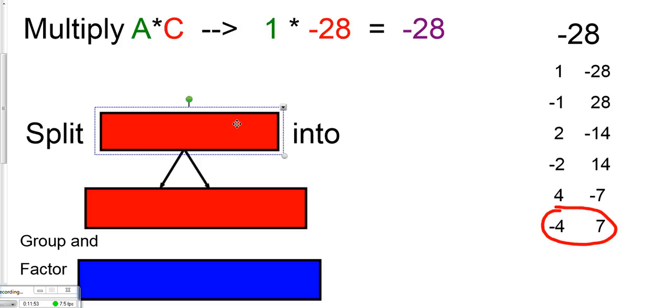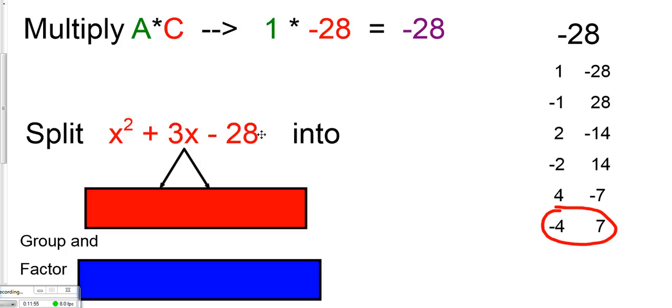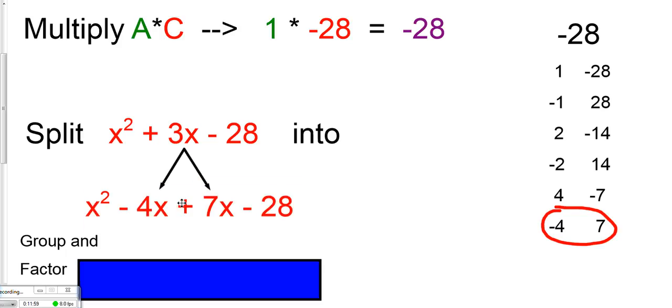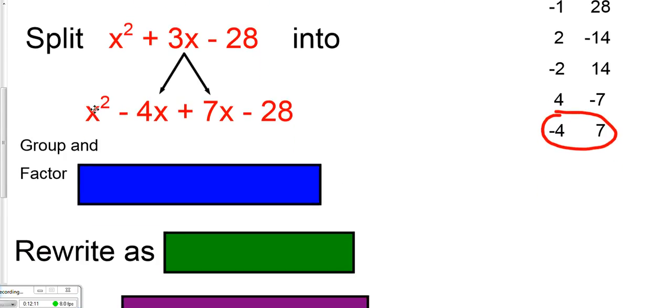So my next step is to take my original expression, the quadratic. I'm going to split this 3x into two pieces, negative 4x and 7x. I got the negative 4 and the 7 from this pair. Now that I have split it into 4 separate pieces, I'm going to look at just 2 separate chunks, the first 2 terms and the second 2 terms.